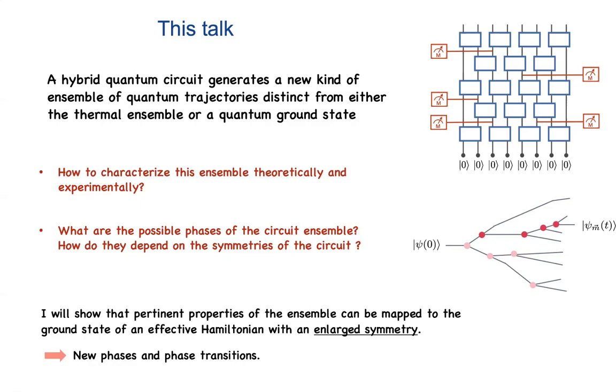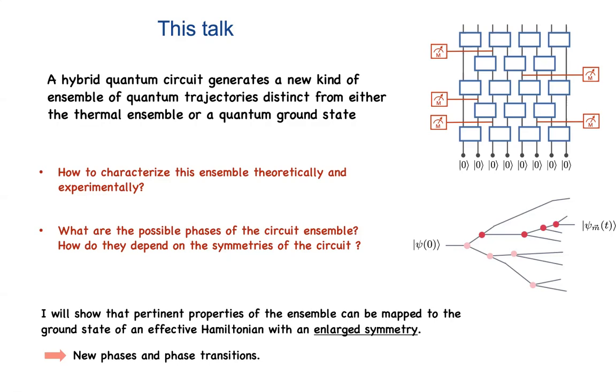In order to simplify this classification, I'll show that a lot of pertinent properties of this ensemble can be mapped to the ground state of an effective Hamiltonian. So this complicated dynamical problem, at least for a certain class of circuits, can be mapped to a ground state problem.